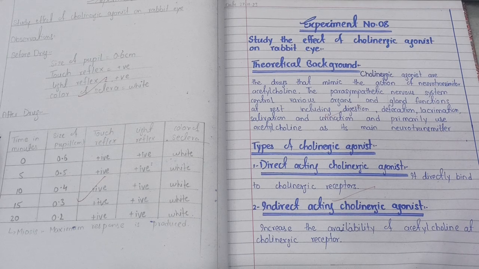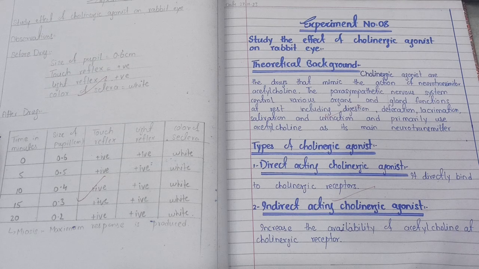They bind with the acetylcholinesterase enzyme, which breaks down the acetylcholine. So when it binds to this enzyme, which is responsible for the breakdown of acetylcholine, then it is indirectly increasing the concentration or the amount of acetylcholine. And whenever the acetylcholine increases, there is an increase in the parasympathetic activity. So these are the types of cholinergic agonists.